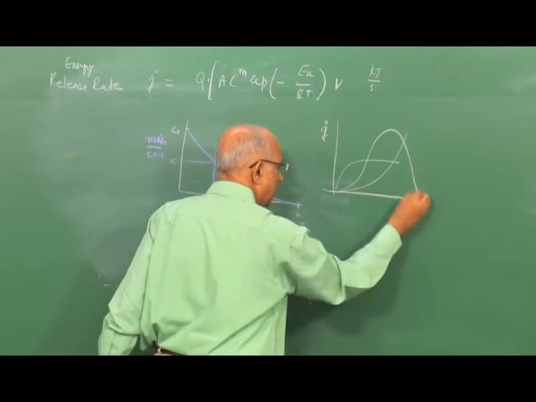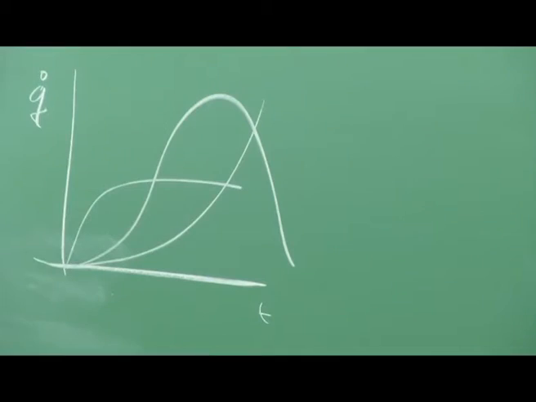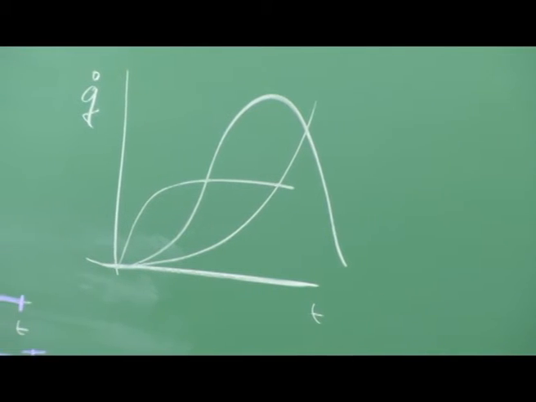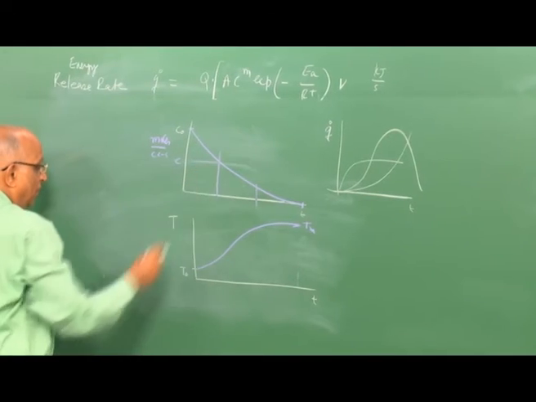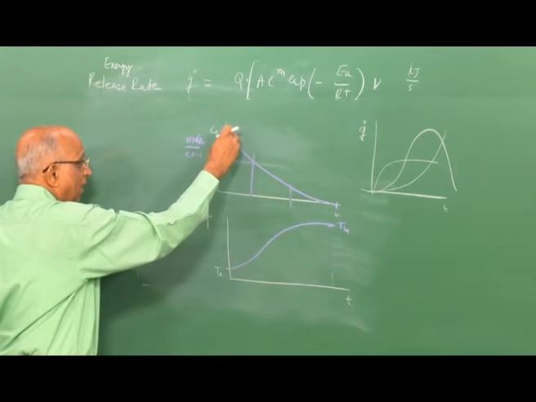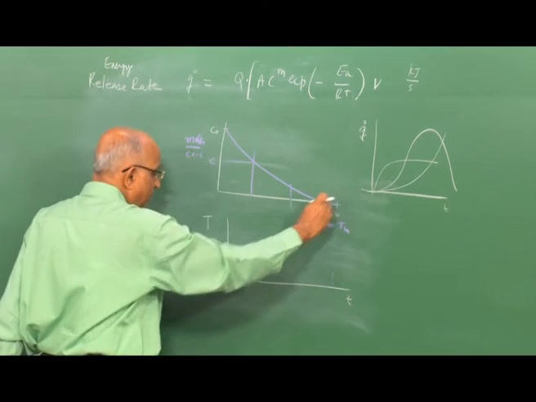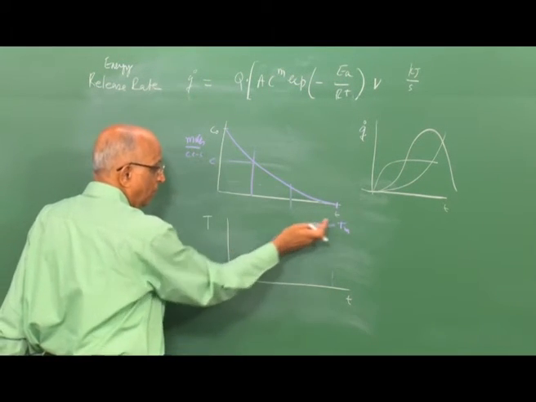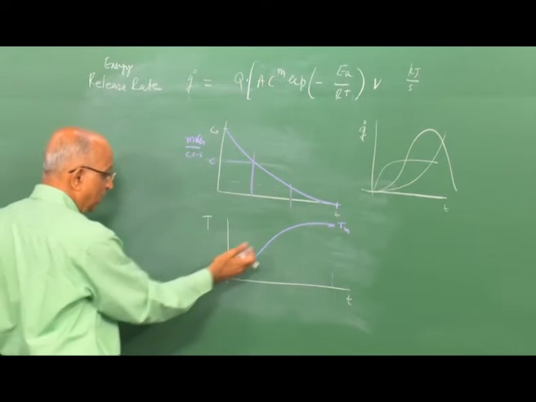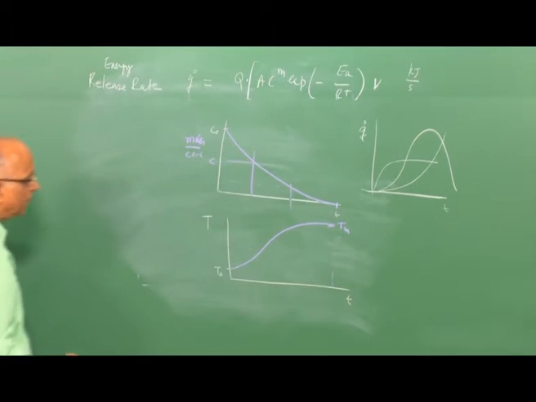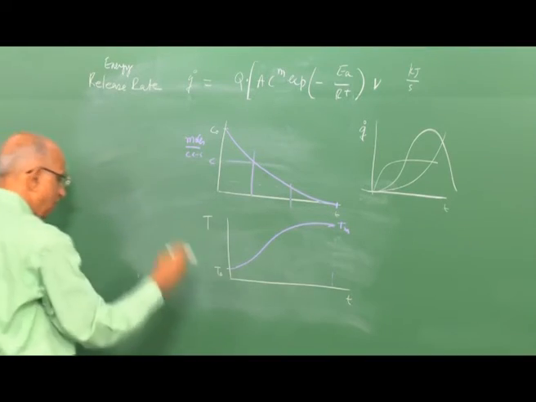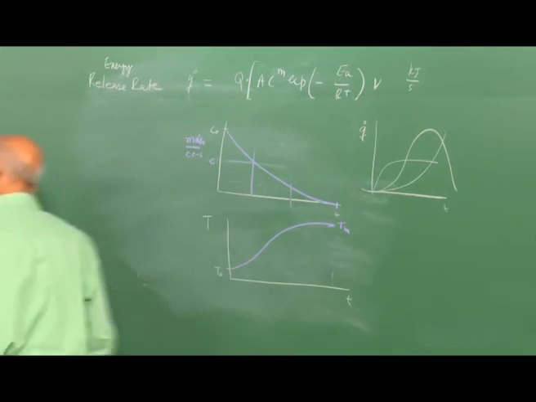Is it going to be something like this? This is what I am interested in finding out. Therefore, let us try to solve this equation to be able to give this shape. Yes, we recognize the concentration of the reactants keeps decreasing, and the temperature of the products keeps increasing. Therefore, let us try to see whether I can solve that equation. Let us quickly do that.